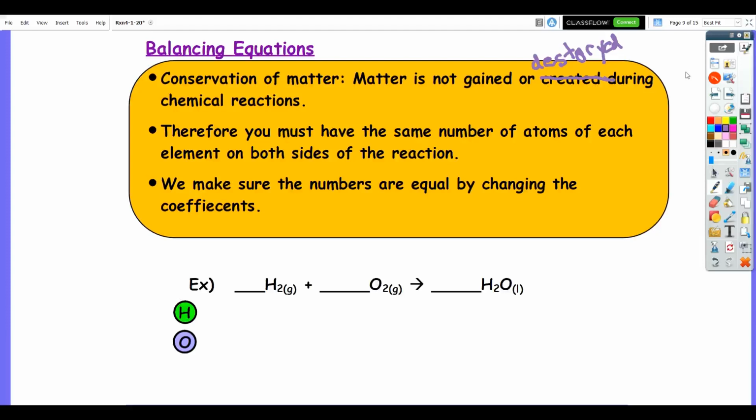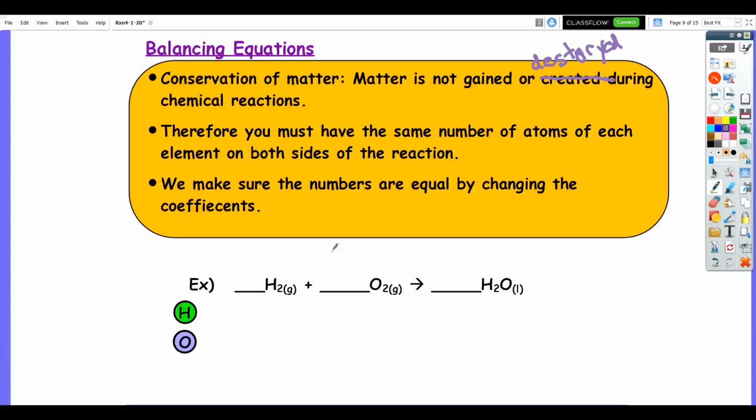My ingredients and my final products need to be the same, so I need to start and end with the same number of each atom. So they must have the same number of atoms on either side of the reaction. We started and ended with the same numbers of coppers, hydrogens, nitrogens, and oxygen. And the way we do this is by changing the coefficients, by changing the number of molecules total.